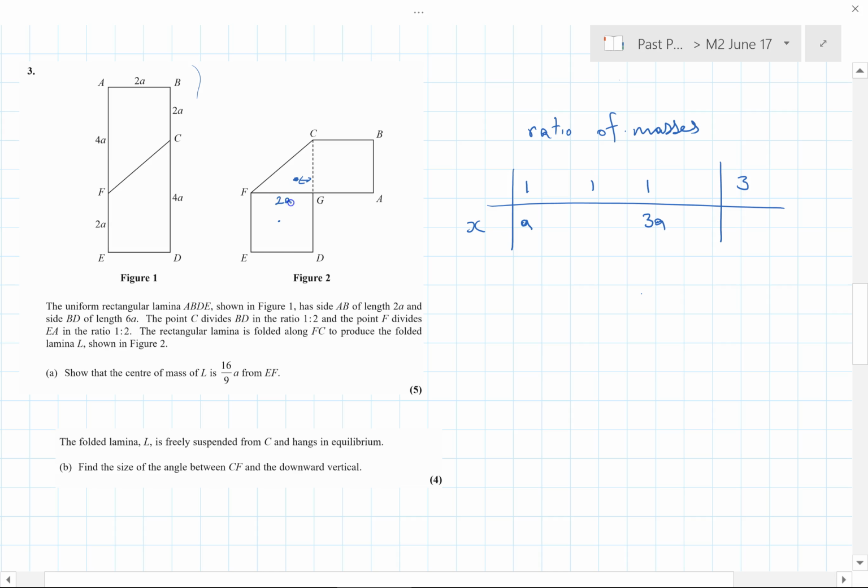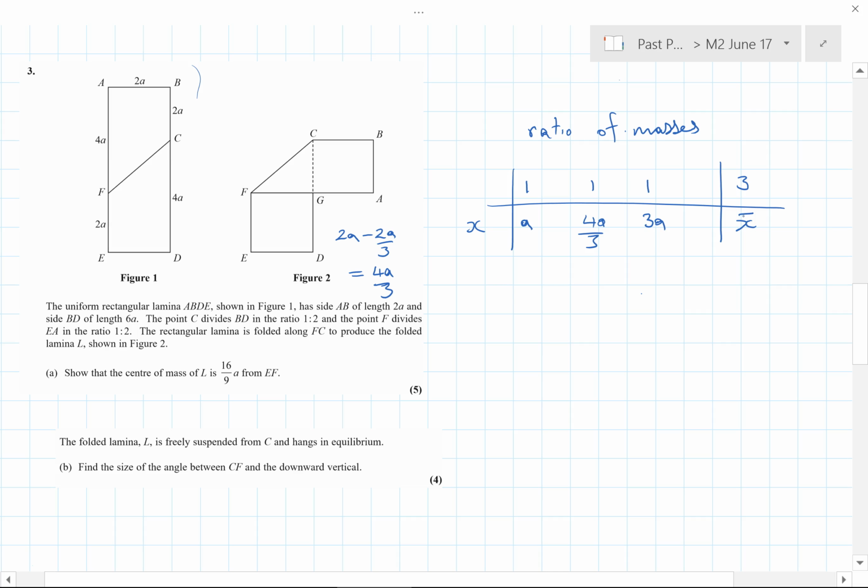Now this is 2a, so this distance here is 2a over 3, but we're taking that distance away from 2a, so that's 2a minus 2a over 3, so that equals 4a over 3. It's that distance there. Using the fact that it's a third from the length here, or 2/3 of 2a is another way of looking at it. Just making sure that we're careful there, and that's x bar.